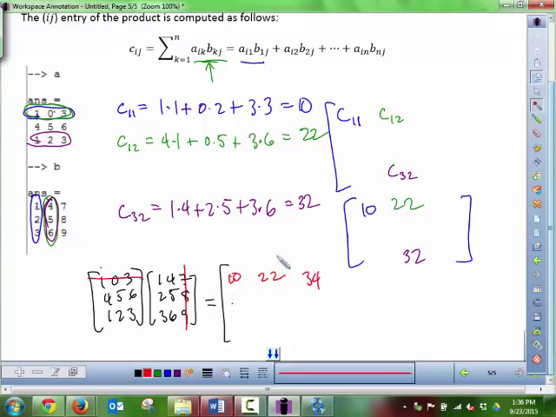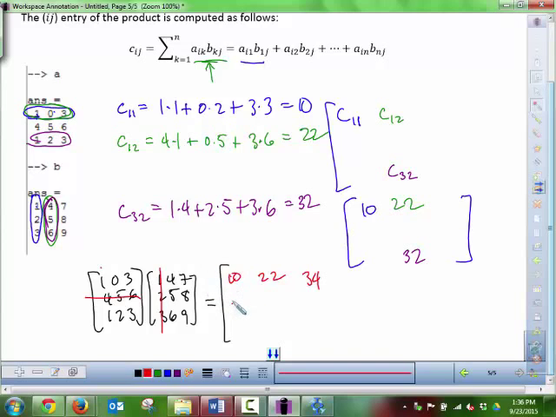Now if I want this spot over here, I'm interested in my second row now. Second row and first column. So that's 4, 10, then 18.